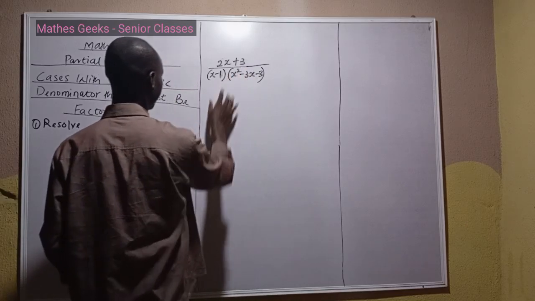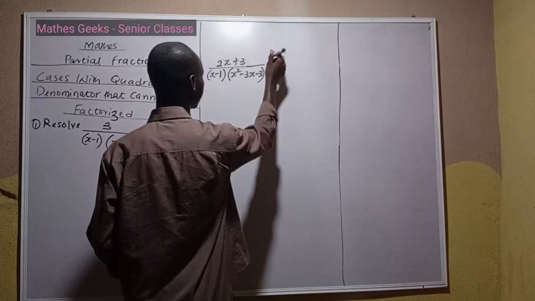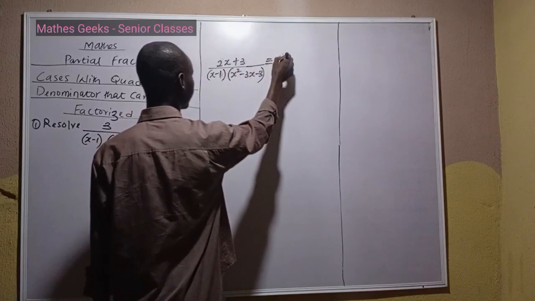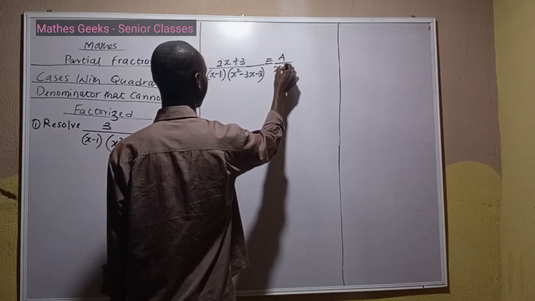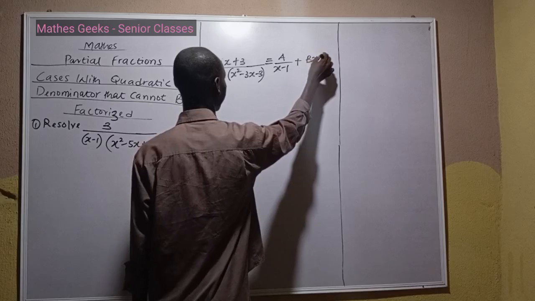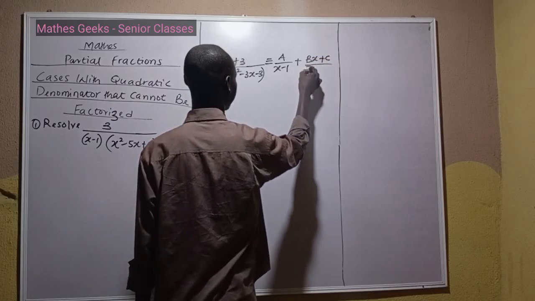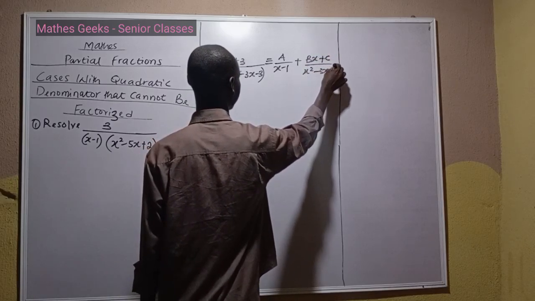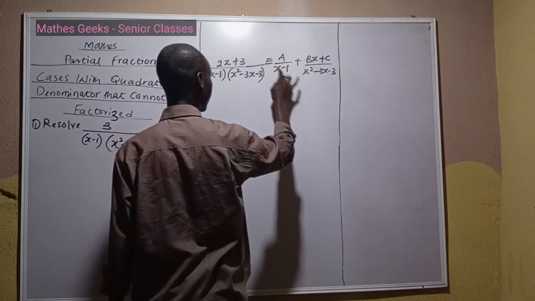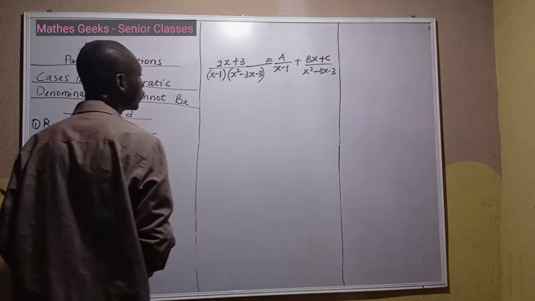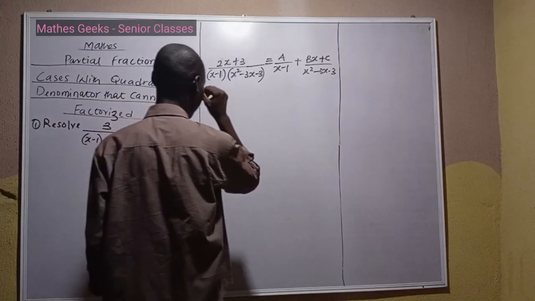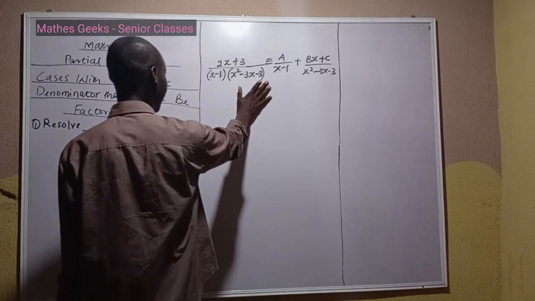So we have two factors. We represent this by letting it be identical to a over x minus 1, and then this part will have bx plus c over x squared minus 3x minus 3. So what is the general form of resolving fractions into parts, especially the ones that have a denominator part that cannot be factorized?